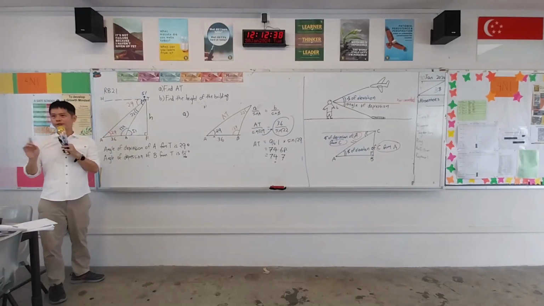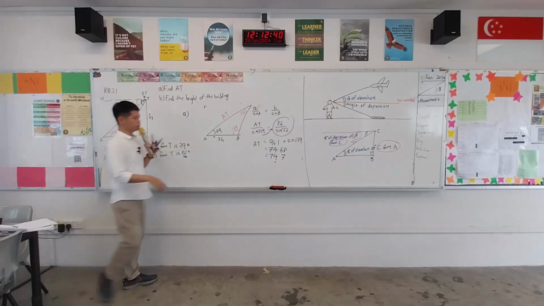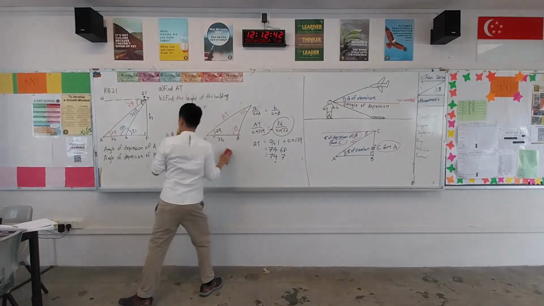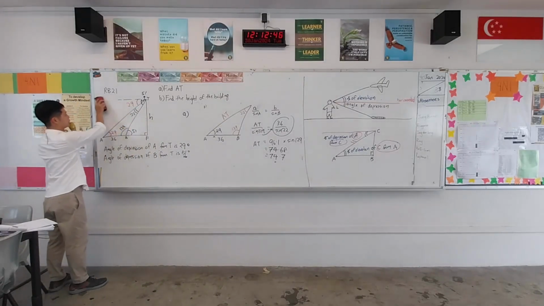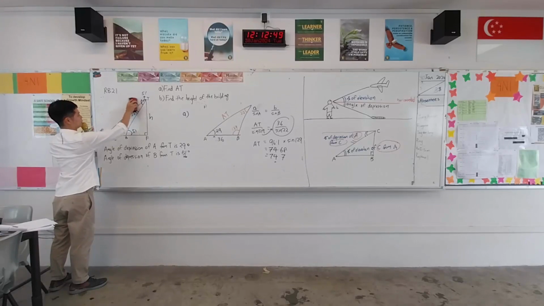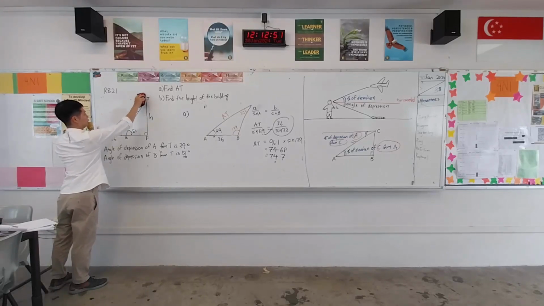Okay, I will erase everything that is unnecessary. Let me erase everything. I never add anything. I just erase things that are unnecessary. So all these I don't need. These are all unnecessary.